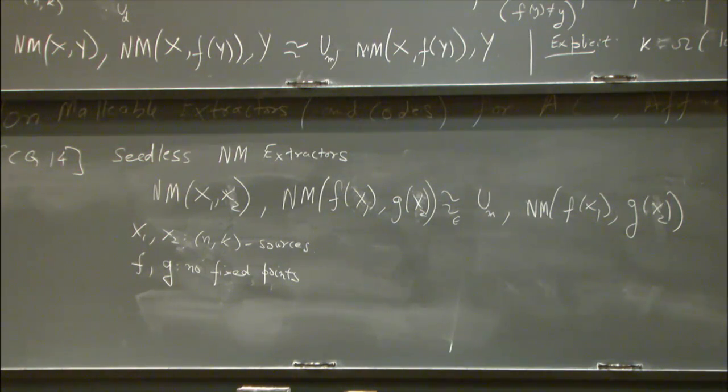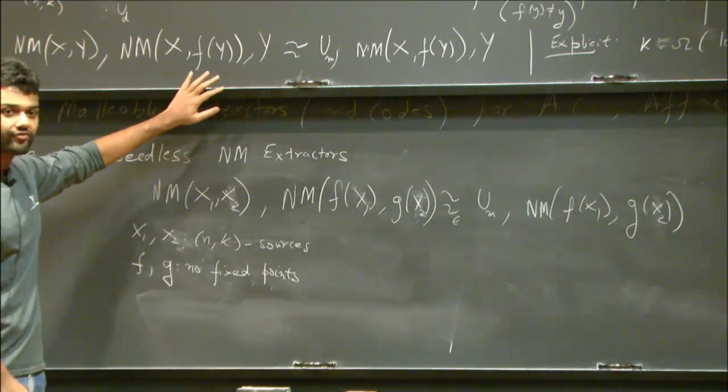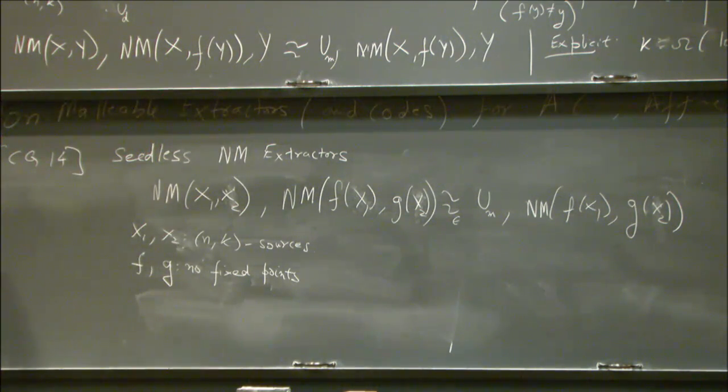Couldn't you just pick any y2 which is different than y? Oh, so you're asking, instead of f of y, why don't we have any fixed y2? That's this definition here.